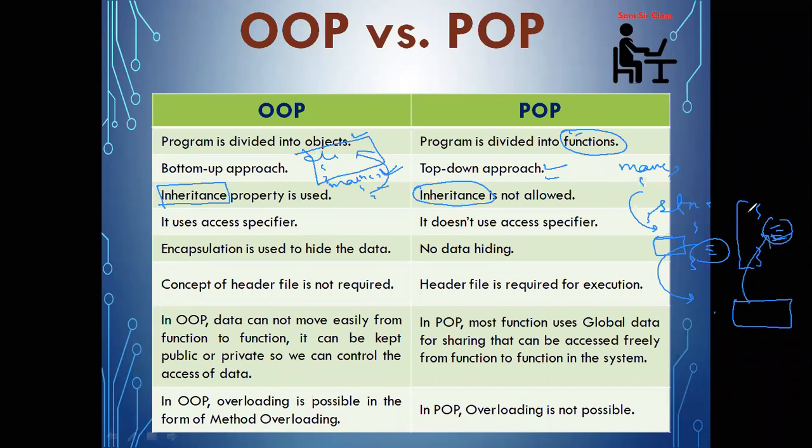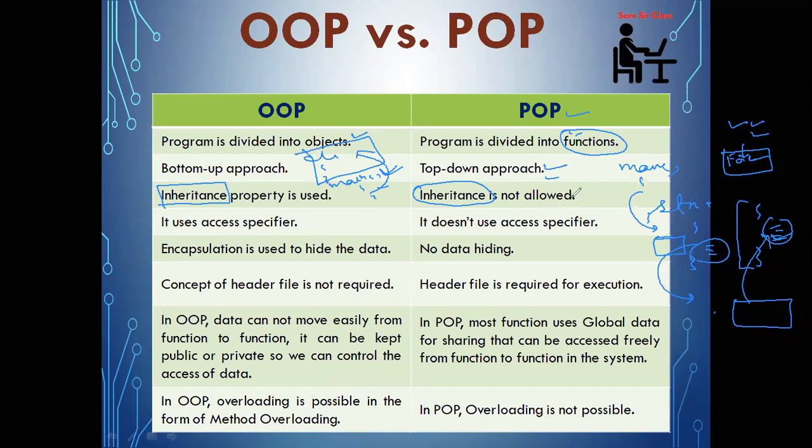Like I have told you, as a student, whenever you are accessing your dues and there is an option faculty salary, you click on that, but you are not getting any information. Why? Because the access permission is not given. But in procedure-oriented programming language, you could have accessed that, because no access specifier is there, everything is public. But in object-oriented programming language, it is private by default.